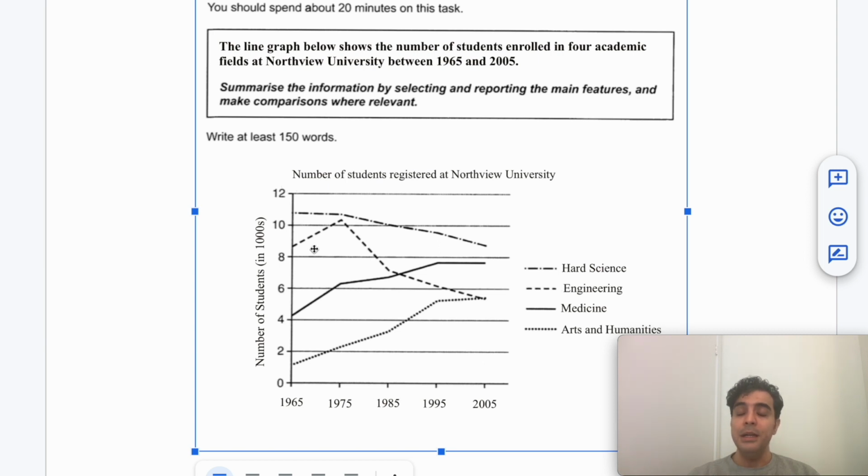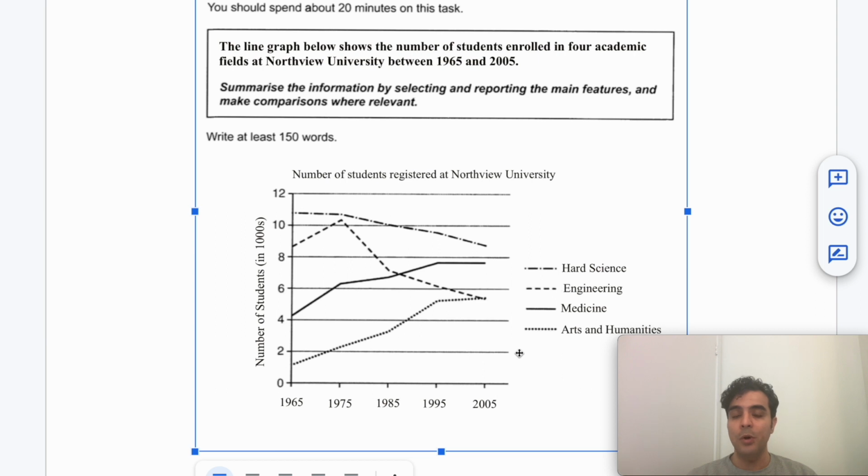Now, the actual data is shown through these lines that you can see, parallel to the horizontal axis, which is basically showing how each variable is changing over time. So for example, we have 4 lines, and so we have 4 variables here. The variables, which we can see here through the description part, represent the types of fields that these students were studying in.